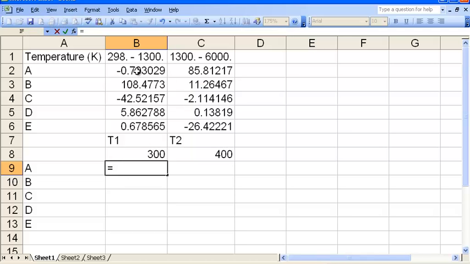So that would be equal to A. And I can put dollar signs around there because I'm going to copy them down over here. Times, so that's A times T. Okay, so that'll be A times T1. But I think I noticed something here.